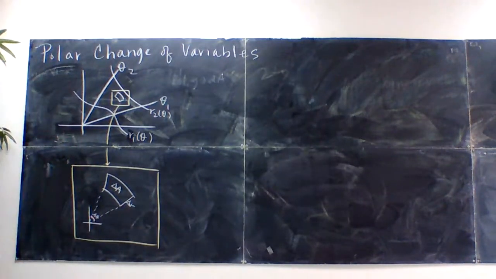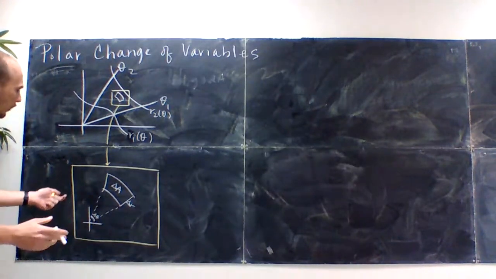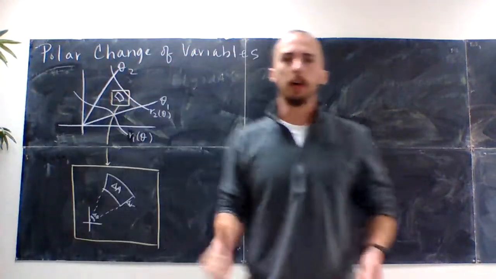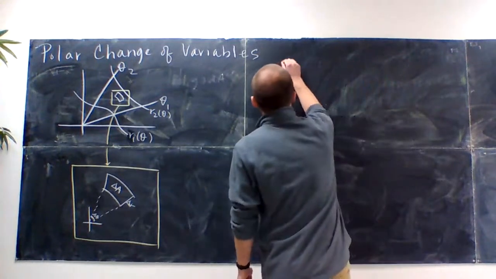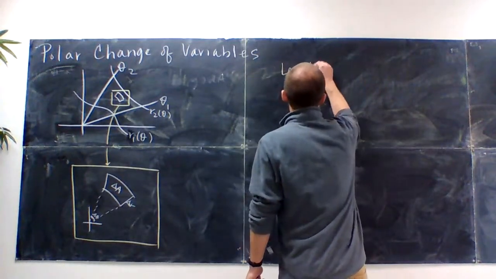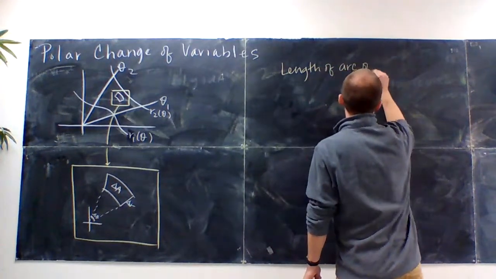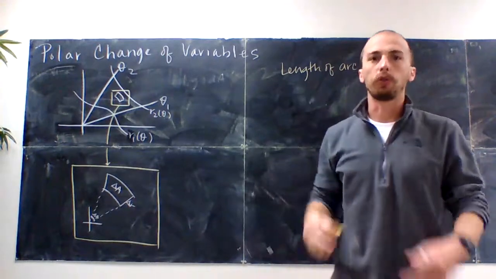Now I need to remind you of a fact that you knew in geometry and probably in pre-cal about the length of this. So I'm going to talk about the length of an arc of a circle. We know it's going to be a proportion of 2 pi r.